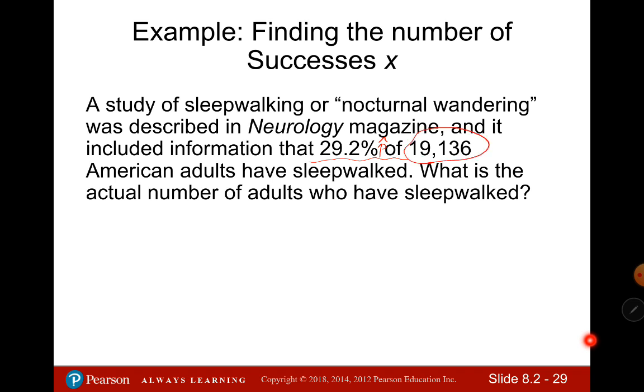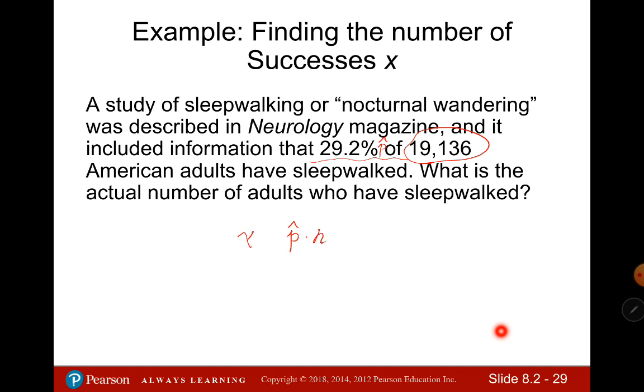We want to know the actual number of adults who have sleepwalked. We already know p hat, and we also know n.